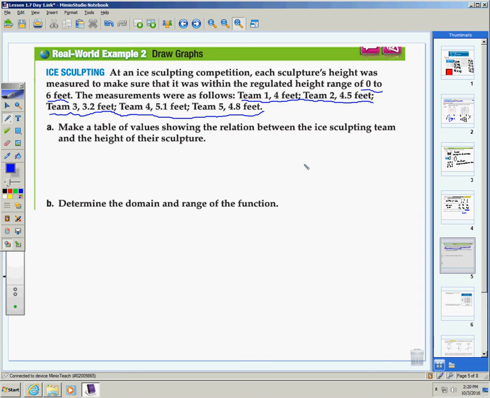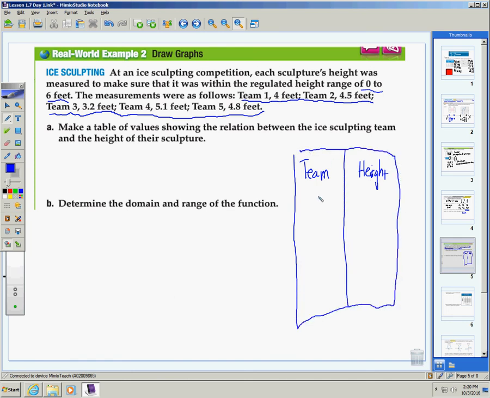So I've got team, and then I'm going to have the height, and I'm going to make a table for my 5 teams. So now I've got team 1, 2, 3, 4, and 5.